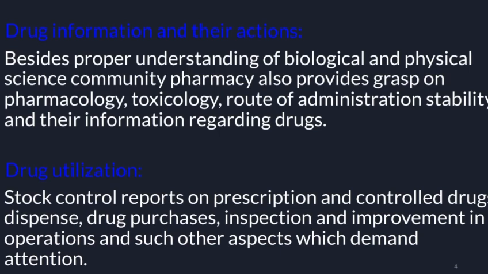Then he must be aware of any side effects or toxicological effects, route of administration, and storage. He must know all the information about that drug, and he has to share this information with the patients if the patient asks any doubts regarding the drug.